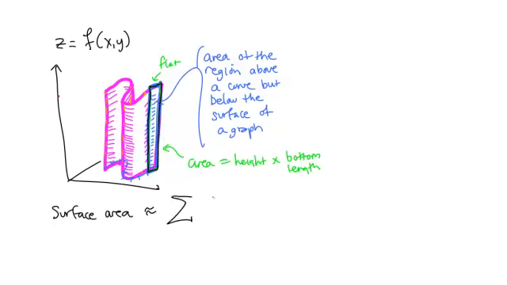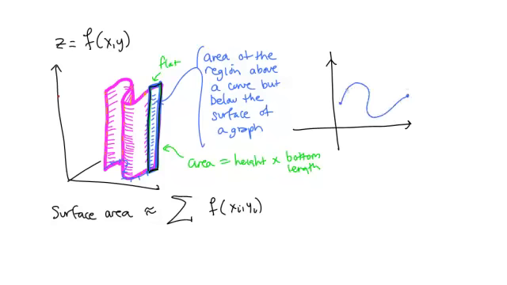Let's say that the height of each rectangle is going to be based off of a function value at a point xi, yi. And then we're going to have a small length of the segment down here on the curve. Remember that this curve actually lives in the plane itself, and I'll draw a version of it right here. So we've got this curve floating around in the two-dimensional world, and we're going to chop it up.